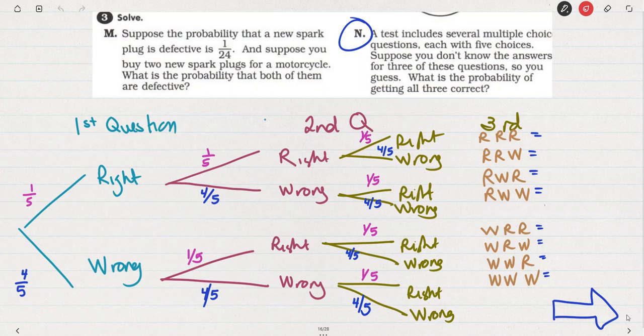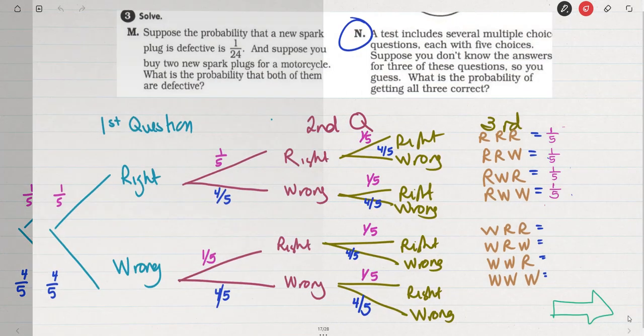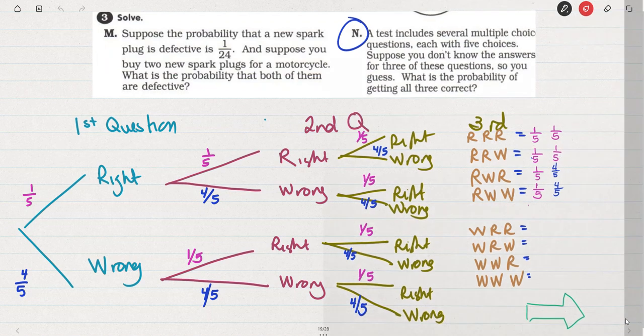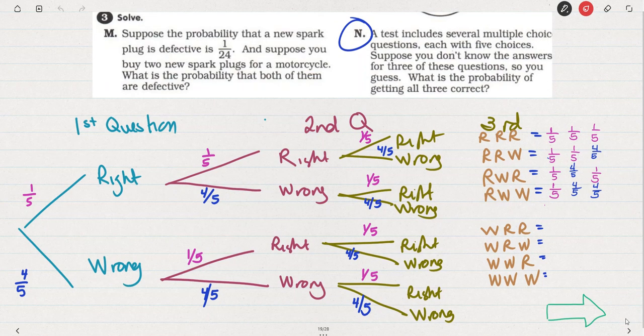So when we write the probabilities in, we could get the sample space probabilities. So for right and then right and then right, if we start with the first problem being right, that's 1 in 5, then the second question would be 1/5 or 4/5, and then the third one would be 1/5 or 4/5.